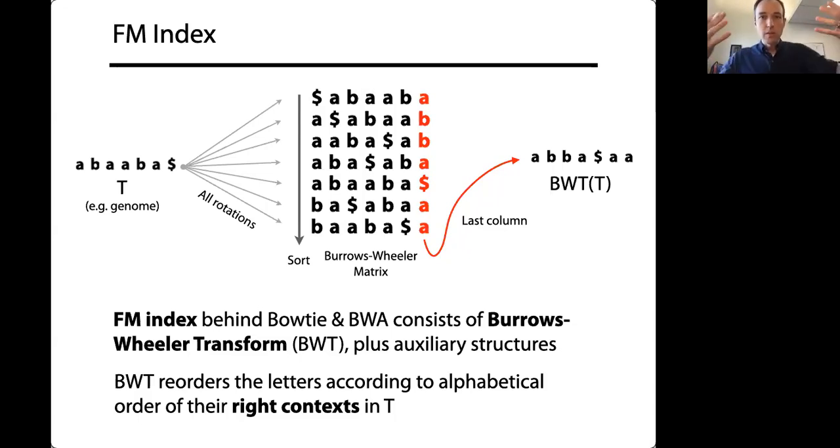And I'll show you in what sense it comes to the surface. But in short, the way the Burrows-Wheeler transform reorders the letters is by putting them in order according to the alphabetical order of what comes to the right in the original string. Right? So each character finds its new position according to the alphabetical order of its neighbor to the right, of its sort of context to the right.